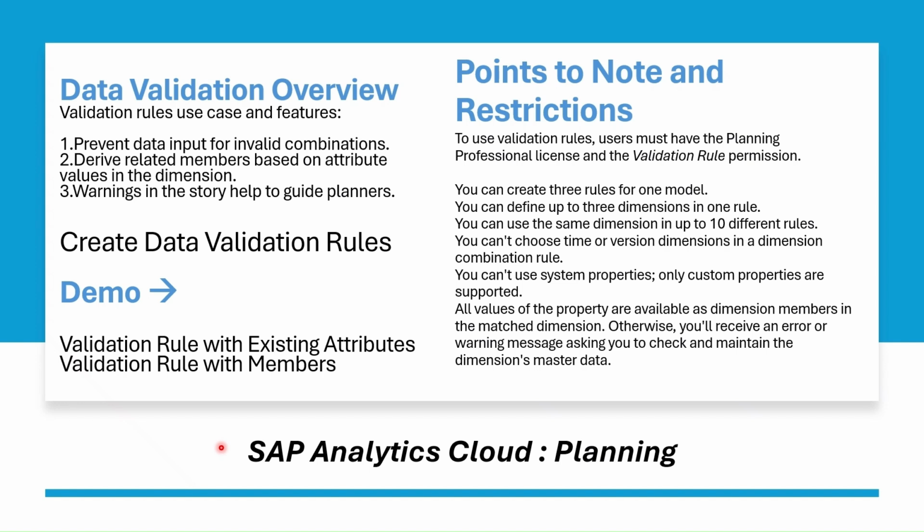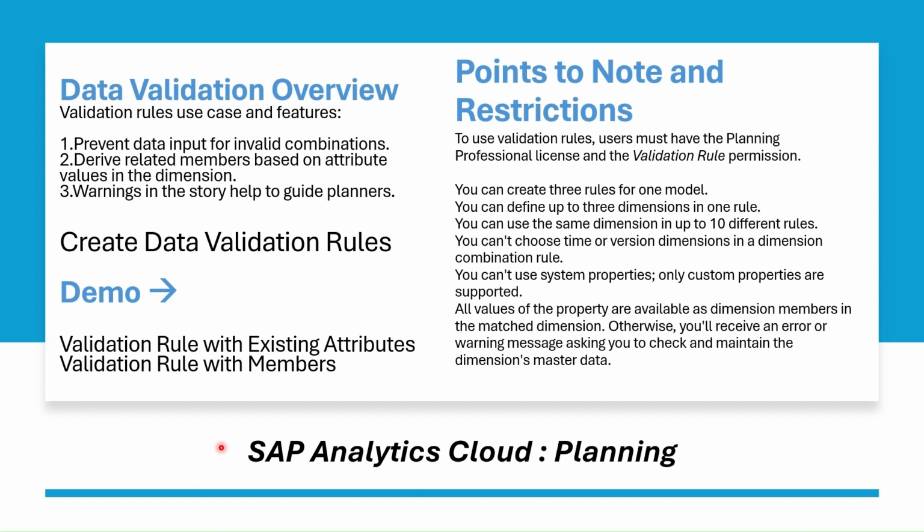It's very important that when you are using the validation rule with the existing attributes, the master data maintenance should be very accurate. Whatever attributes you are adding in the master data, they must be mapped correctly.